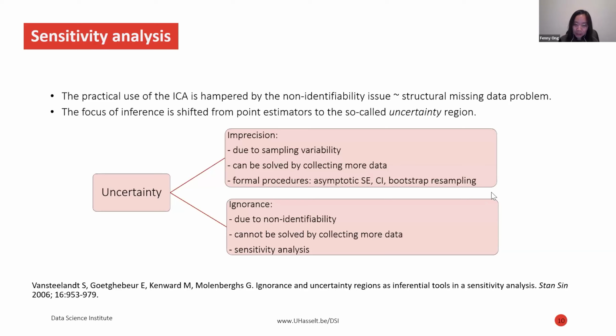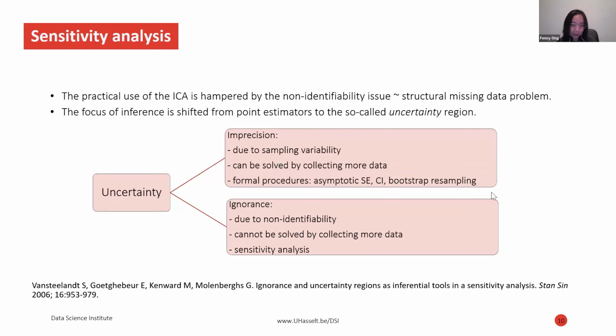The second component is ignorance, which is due to the non-identifiability. And mind you that this component cannot be solved by merely collecting more data. In this study, we proposed to handle the ignorance component by using sensitivity analysis, which essentially combines two steps.